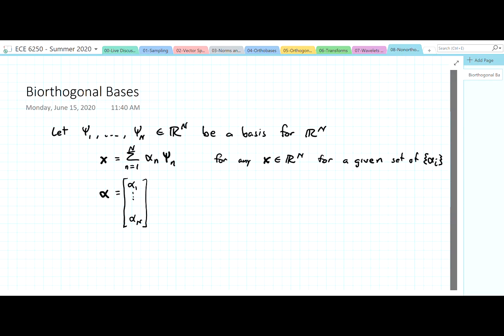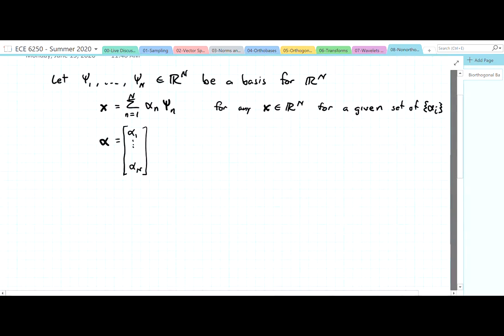So the question is, how do we compute alpha i? Well, let's go through and write things just a little differently using a linear algebra format that I think will make the whole thing quite apparent. Since we've expressed alpha sub n's in this big vector, we can also express our psi functions, or vectors rather, in a matrix.